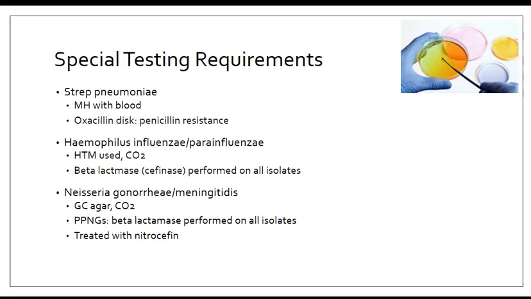It has to be put in the CO2, and beta-lactamase is done on all of those isolates, and that's to check for PPNGs, which stand for penicillinase producing Neisseria gonorrhoeae. They have to be treated with nitrocefin, which is a cephalosporin, if they're resistant.